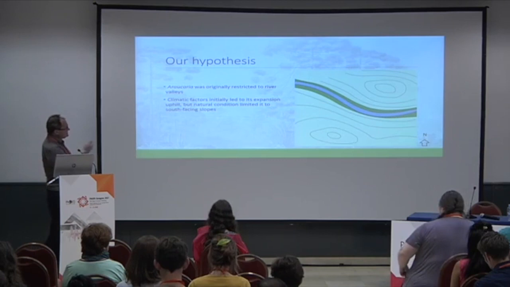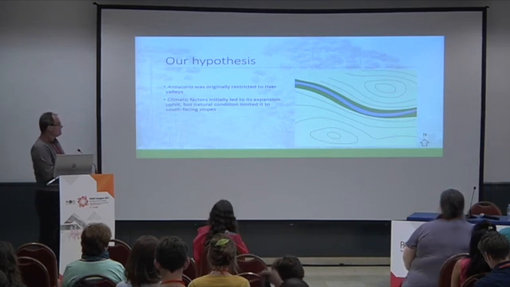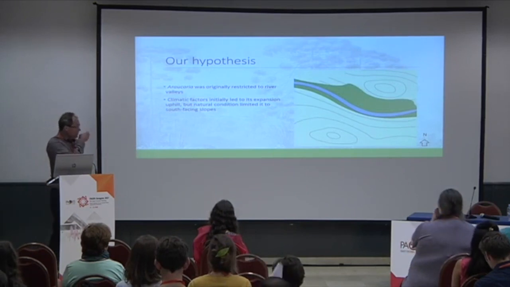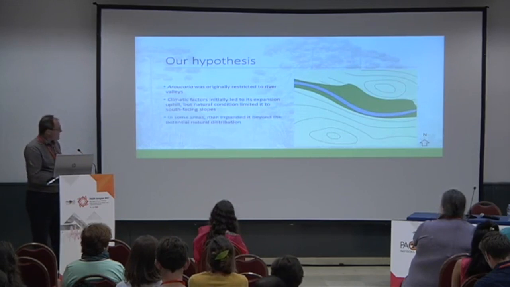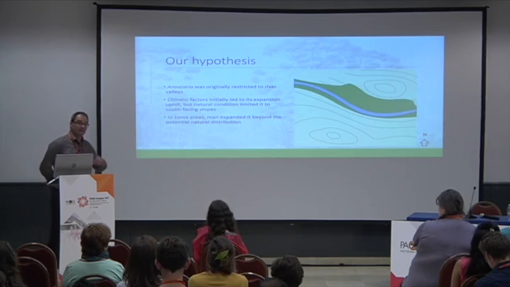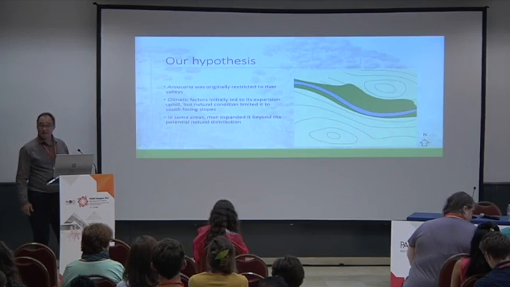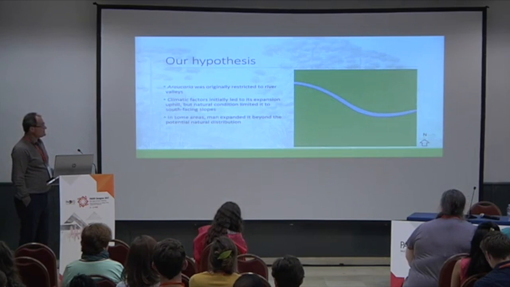We've seen that these climatic factors initially led to the expansion uphill of these forests, under natural conditions, but limited to the south-facing slopes. And in some areas, it's very likely that man expanded these forests beyond this potential natural distribution, starting around 1,000 years before the present.